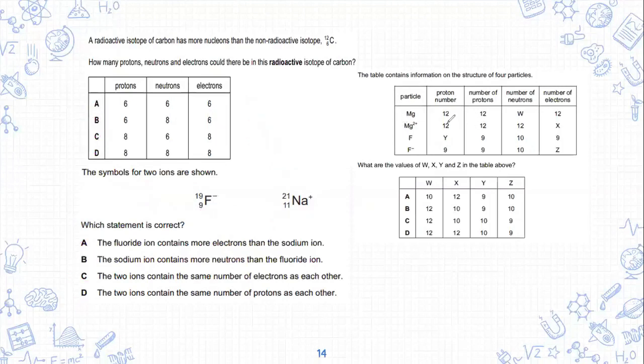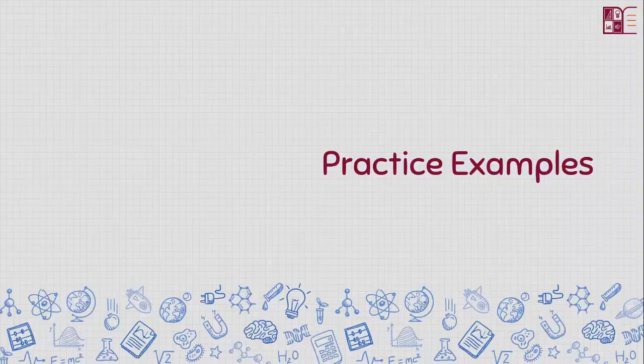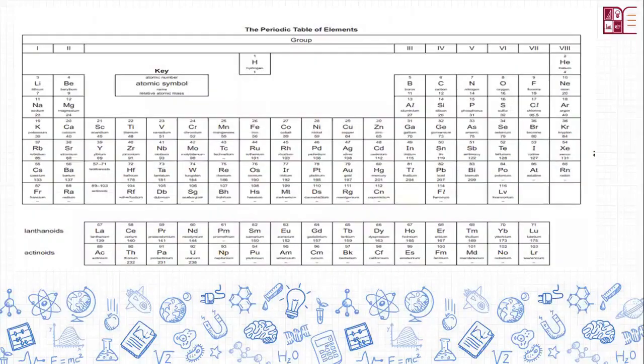We can find out the number of neutrons from the periodic table of magnesium. I'm going to go to my periodic table first. Here it is. Magnesium is in group 2. It has 24 nucleon number and 12 proton number.